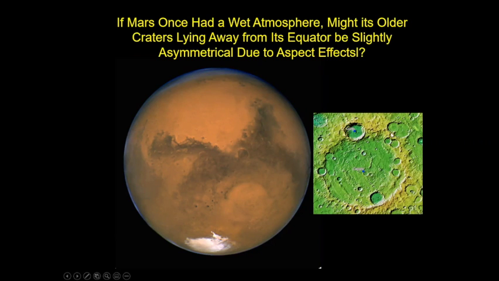And this would take some very careful measurement to do. You have to know the age of the crater, and of course the latitude and elevation of the crater might have mattered then on Mars as well. So all those factors come into focus. But the oldest craters, if Mars did have a wet climate, could well be asymmetrical. Might be something really pretty fun to look at.